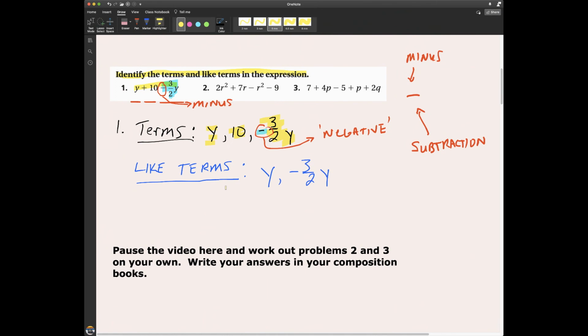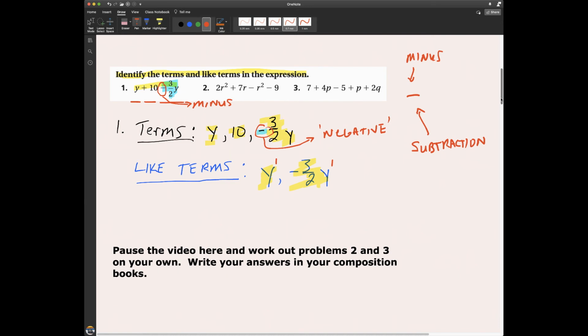So when I come down here, this term and this term both have the same variable, which is y, raised to the same exponent, which is not written here, but it would be y to the first power because there's just one y there. Okay? So what I want you to do now is go ahead and pause the video, and I want you to work out problems 2 and 3 on your own and write your answers in your composition book. If this video is in Edpuzzle, the video will stop now.